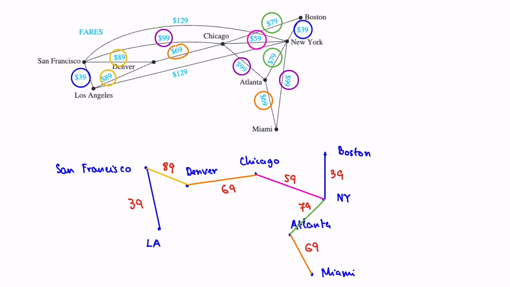And the one from New York to Miami, you're going to form a cycle, so you ignore those connections. Then the next one should be 129 here, and they're both going to form a cycle if you consider them in this spanning tree. Therefore, you ignore the connections that lead to $129.